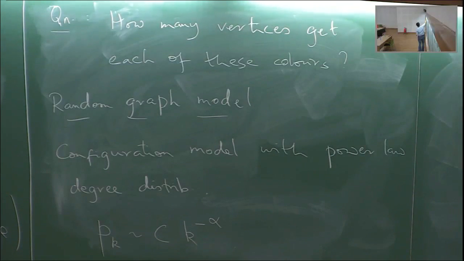So you might pick a degree 2 for this, 3 here, maybe 3 again here, 4, 1, and 3. And then you just match up these half edges at random. So you might match these two. You match them up at random in some way.